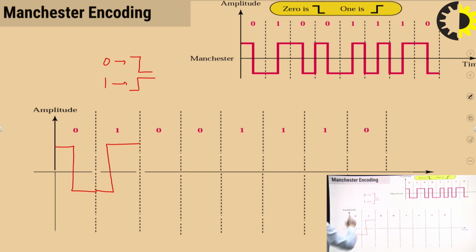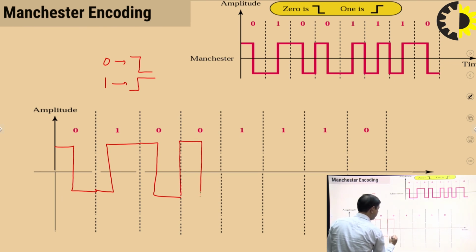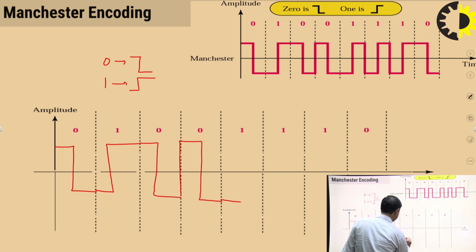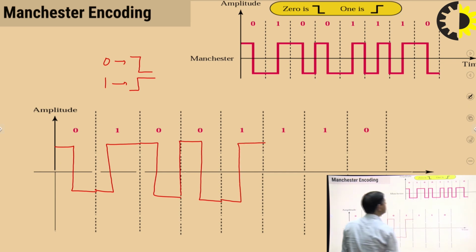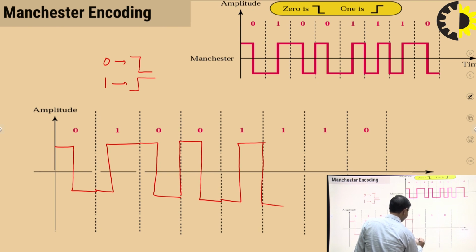Again 0 means this. For 0 again we have to start from the top, so first of all we have to go here and then draw like this. Again 1 means from this side to this side. Again 1, so first I have to come to this side and it will be drawn like this.